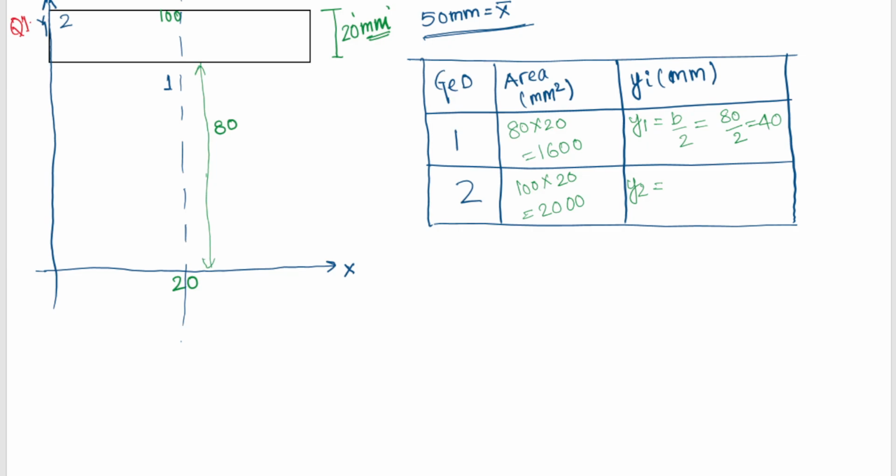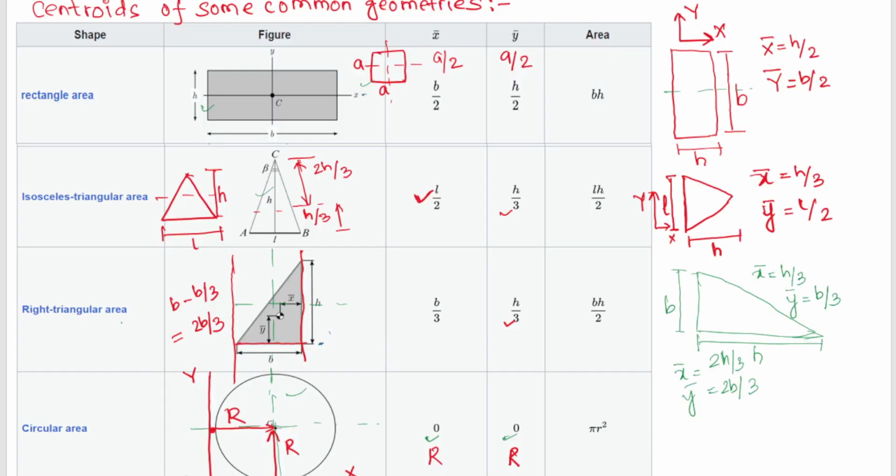First, find the location of the centroid within the geometry with reference to its extreme edge. In this case, since my reference axis is at the bottom, I am selecting this edge. And we have seen that if it is symmetric, it will be half the distance. In the first video itself, it will be h by 2, given in the formula.